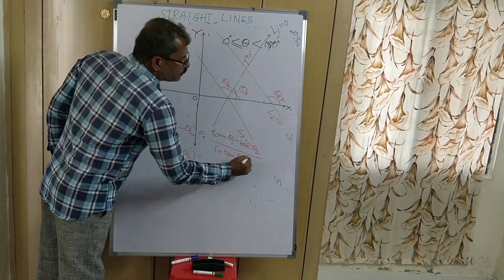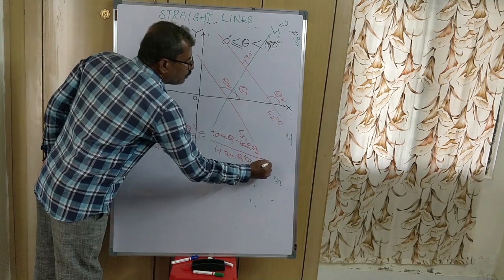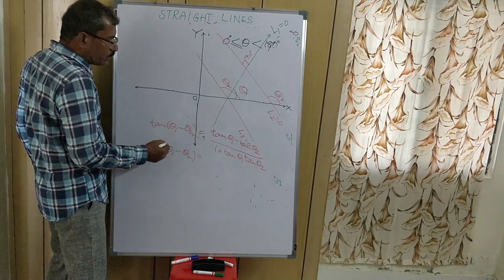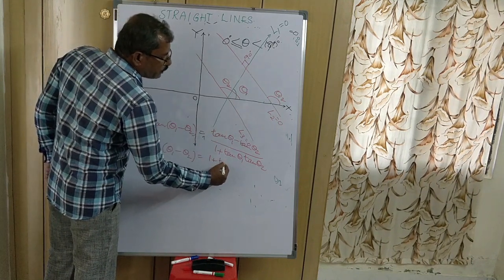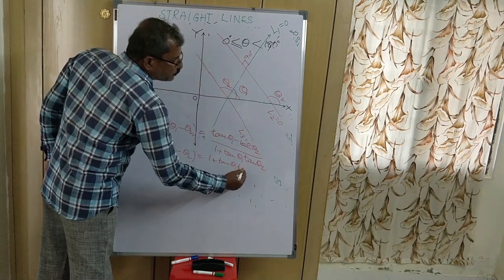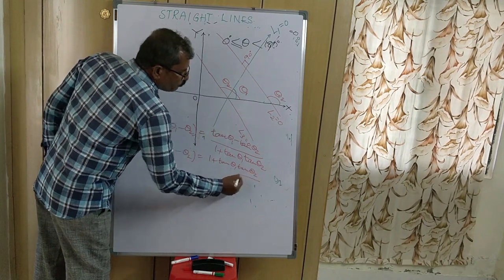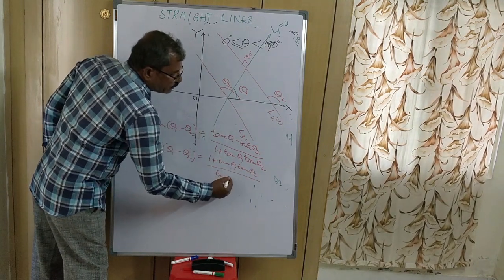So cot of theta 1 minus theta 2 gives you 1 plus tan theta 1 into tan theta 2 by tan theta 1 minus tan theta 2.